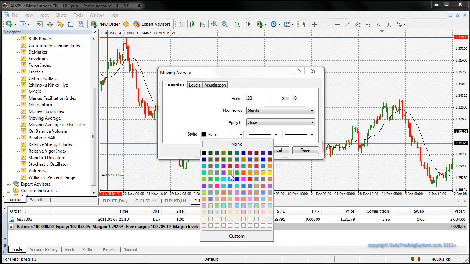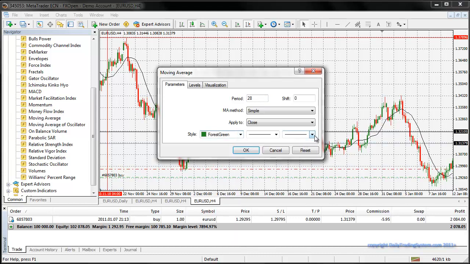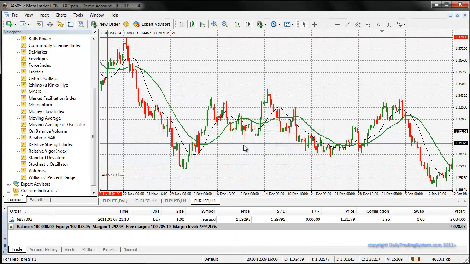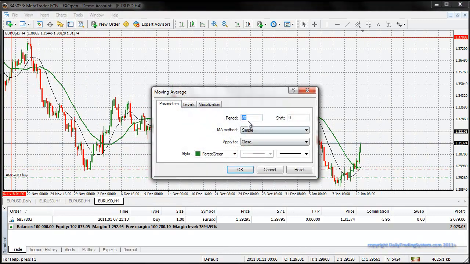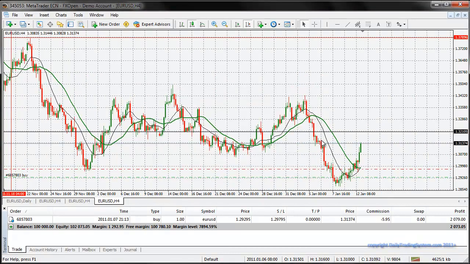Right, let's just change this to a different color, one that would make some difference that we can see. And now I'm going to make this a bold color, forest green. Now this one was set to a 28 period. If I can just double click on that somehow. This was set to a 28 period, and this one here, if I can get on it, it won't let me open it.